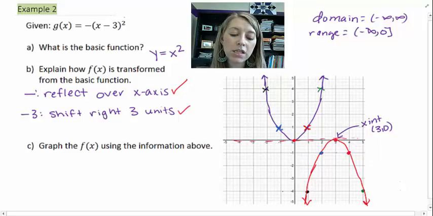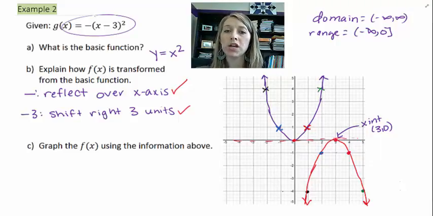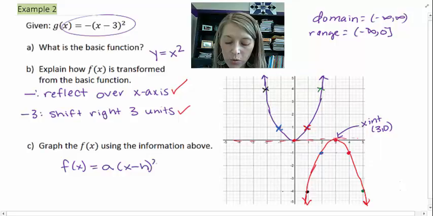Okay, now we talked about this graph in terms of the transformation, but we actually could have graphed this in a different format. So I'm just trying to connect all the dots from the class here. Remember back when we were graphing parabolas in general, we had the vertex form. The vertex form was f of x equals a times (x minus h) squared plus k, where the vertex was at (h, k).